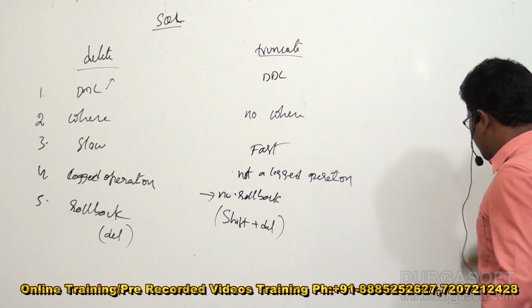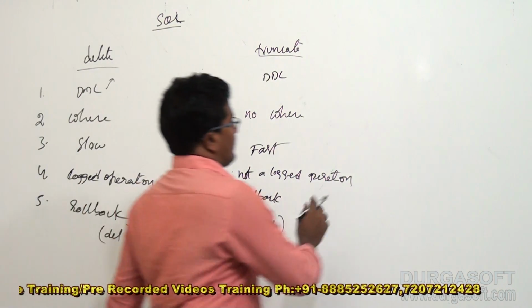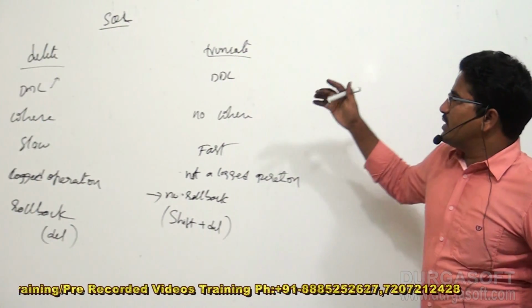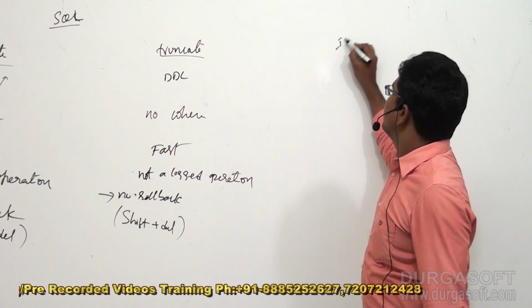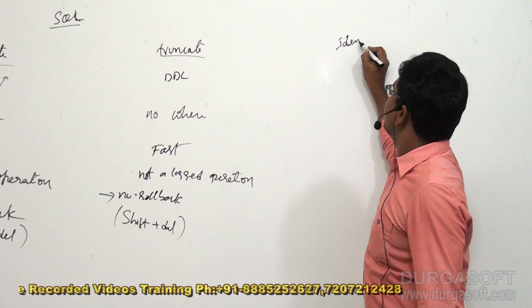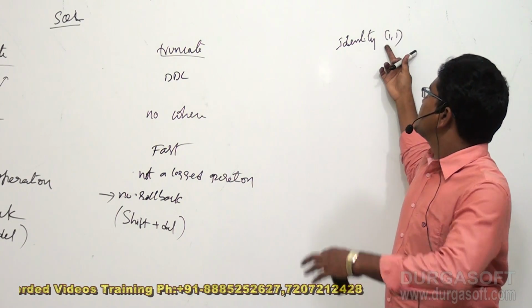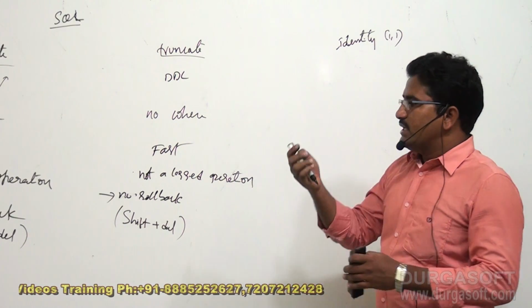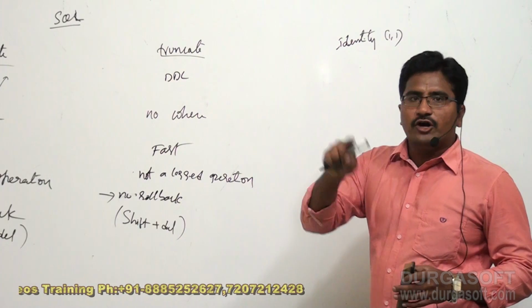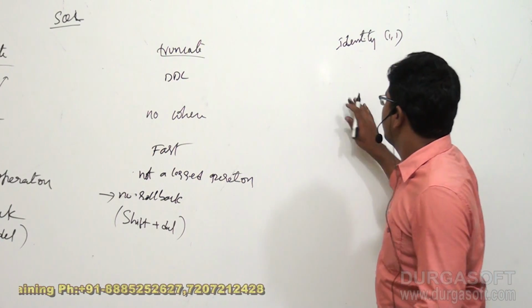We'll see one more last example of the difference. In SQL Server, we have a property called the identity property. Let us take 1, 1, which means it starts with 1 and increments by 1. Identity generates an automatic sequential integer number.